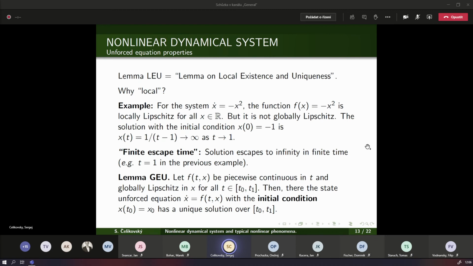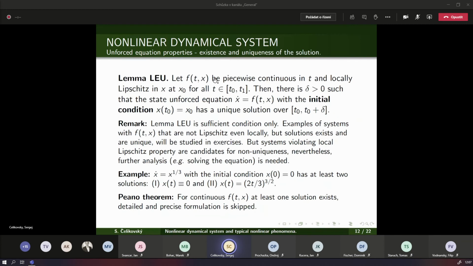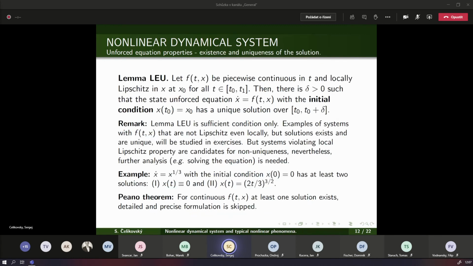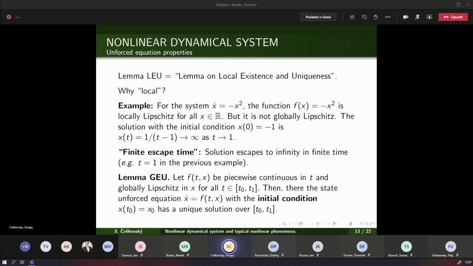So you may say that the lemma works perfectly here, with t0 equal to 0 and delta equal to 1. It's not bad, because even this lemma doesn't guarantee some particular delta. So 1 doesn't look bad.